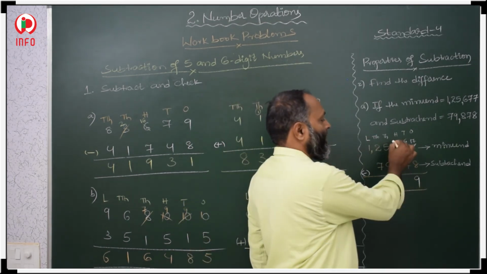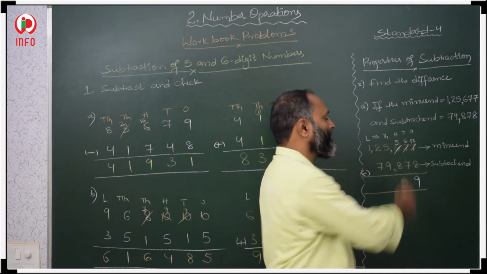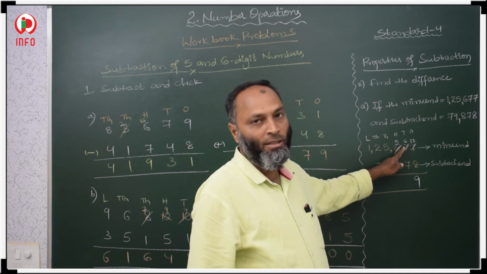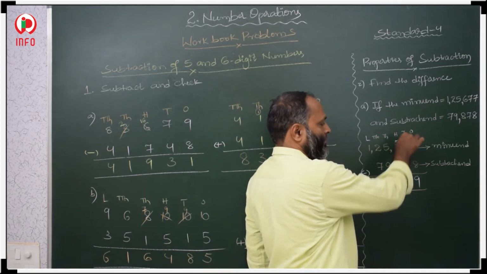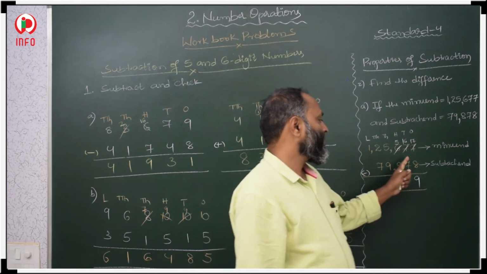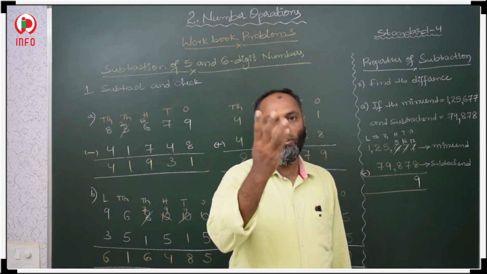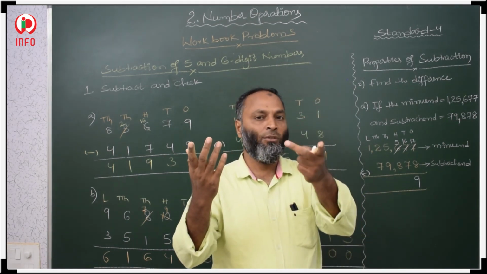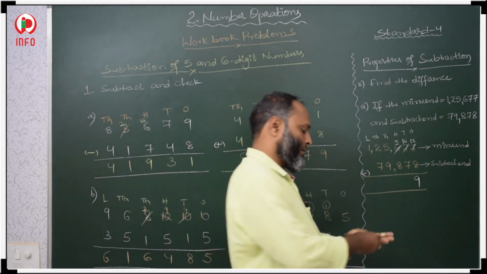Taking 1 hundred out of 6, 5 hundreds are left. 1 hundred makes 10 tens. 10 plus 6, 16. 16 minus 7 means count from 7 to 16: 8, 9, 10, 11, 12, 13, 14, 15, 16. Total 9.